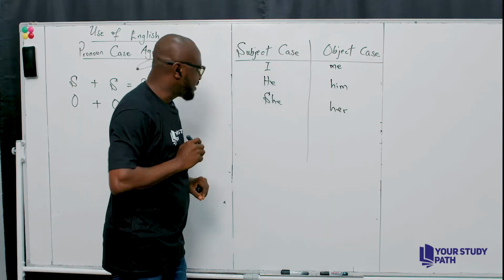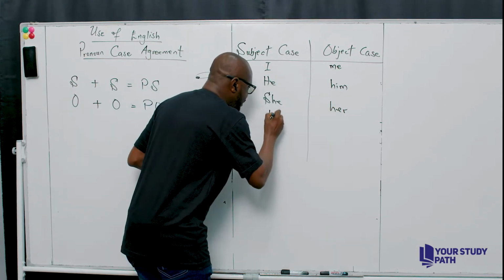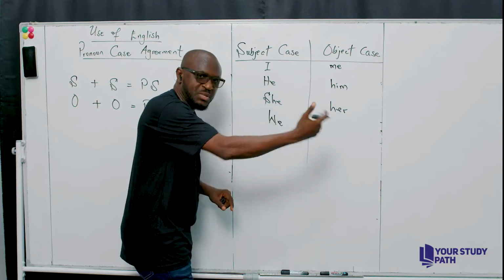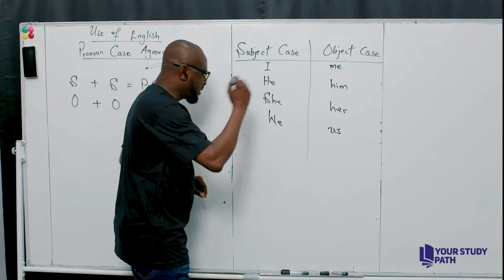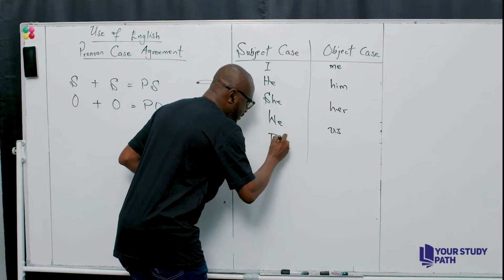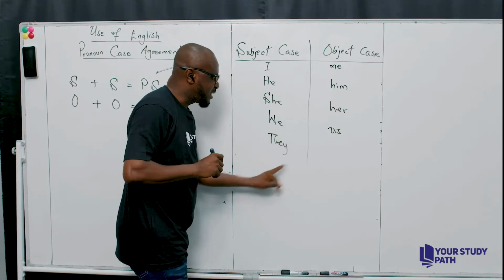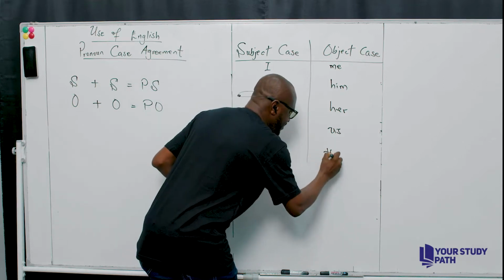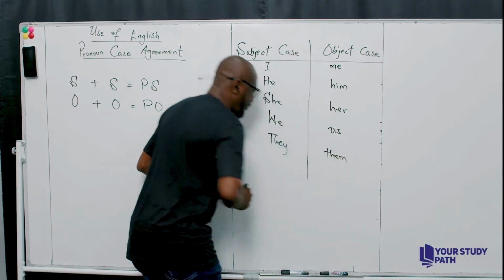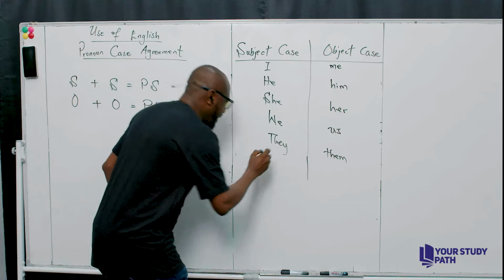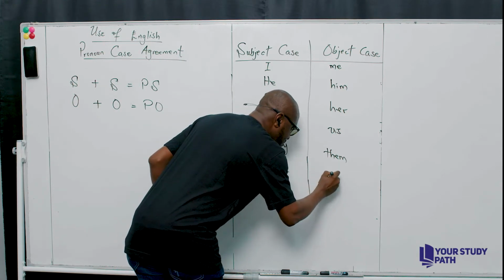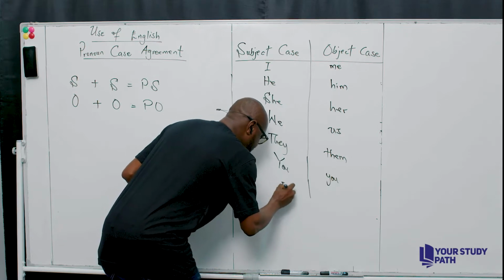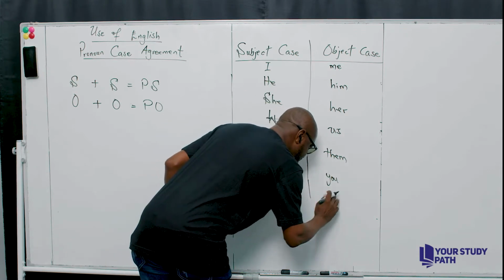Then, of course, I have "we." The corresponding one is "us." Then the next one I have "they." This corresponds to "them." Then I have "you." It remains as "you." It remains as "it."